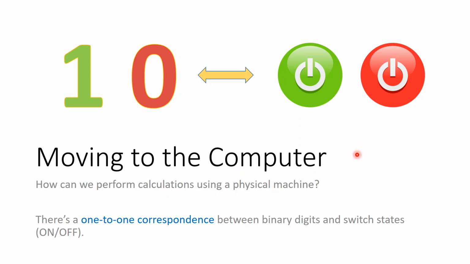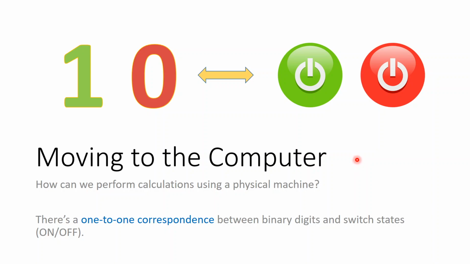So switches are something that we have in our machines. So these are physical things that we have with us. So we have mechanical switches, we have electrical switches, all sorts of switches are there. So switches are some basic physical elements with which we can work, and they can come together.